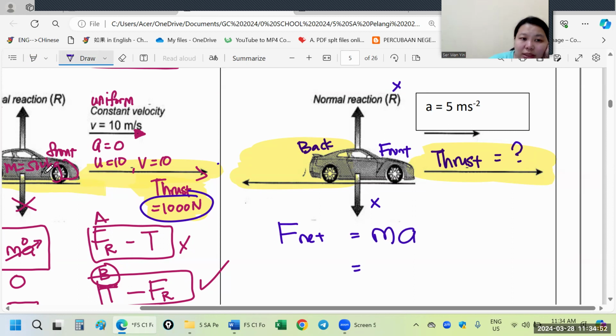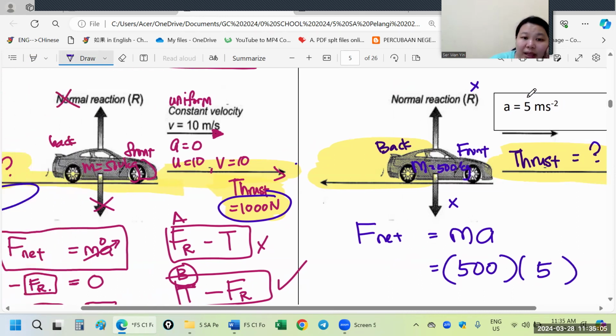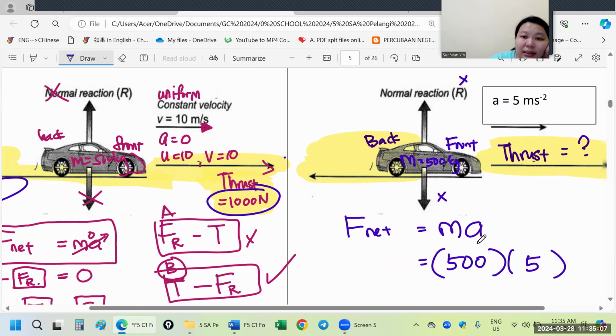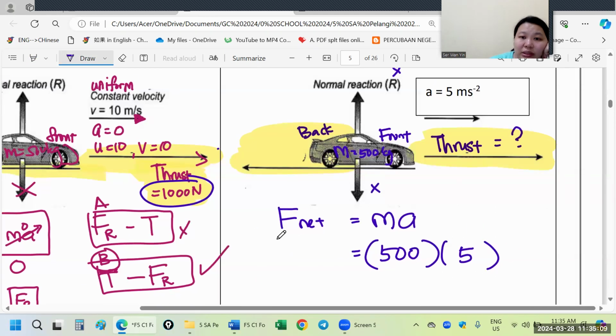Net force equals to MA. M just now we know is 500 kg. A is 5. Wow, now A got some number already. So what is net force?